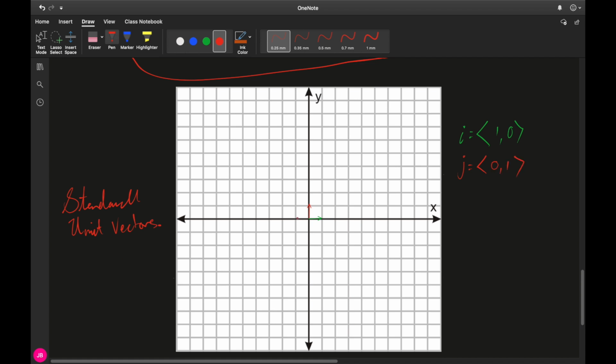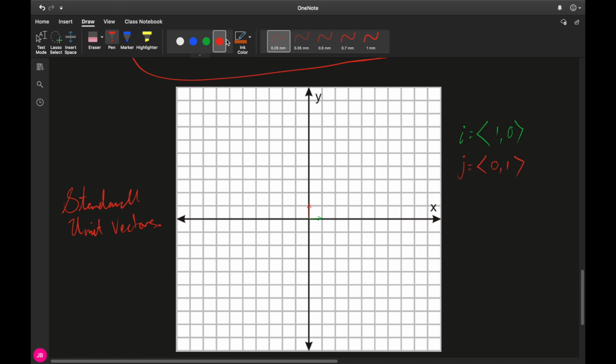As standard unit vectors, they are always going to follow either the y-axis or the x-axis in the positive direction for exactly 1 unit. Now, how do these help us? Well, it turns out that every single vector can be written as an expression of both of these.